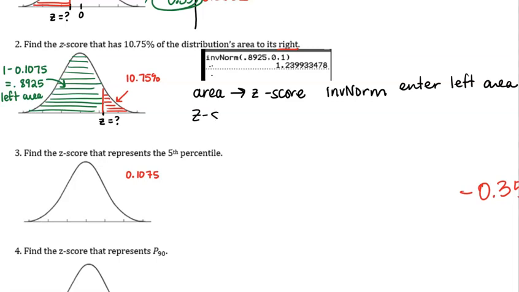If you're going from a z-score to an area, which is what we were doing in lesson 15, you use normal CDF, and you enter upper bounds and lower bounds.